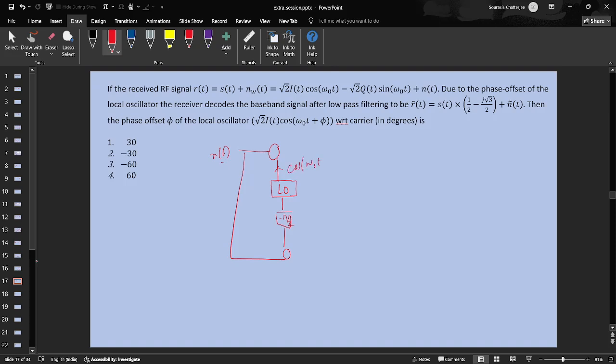Cos omega naught t plus phi, and here it's sine omega naught t plus phi. This is what we are getting as r bar t.